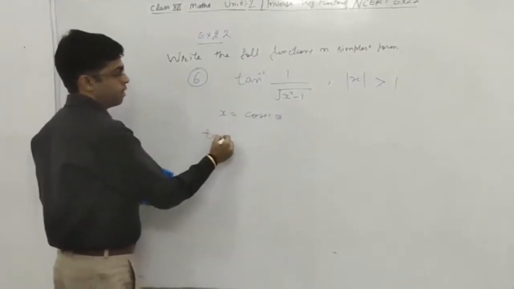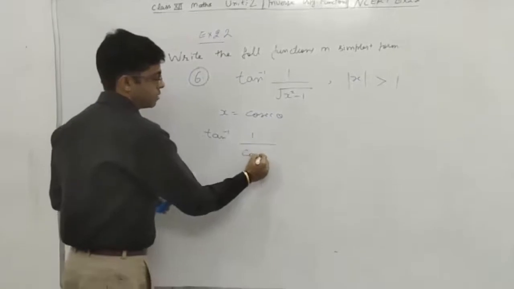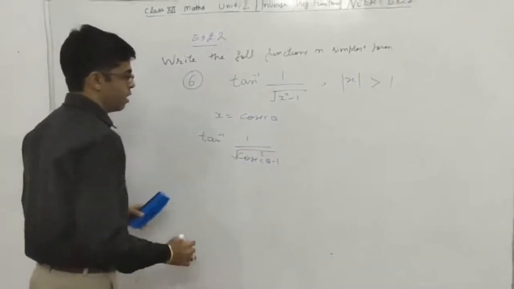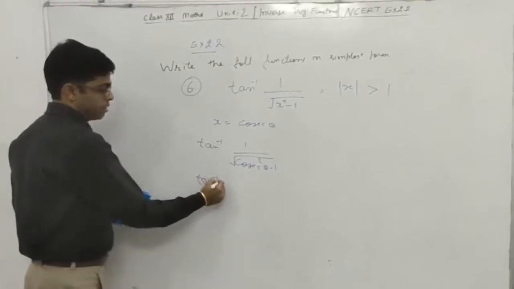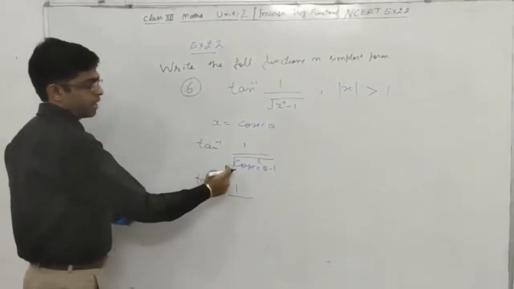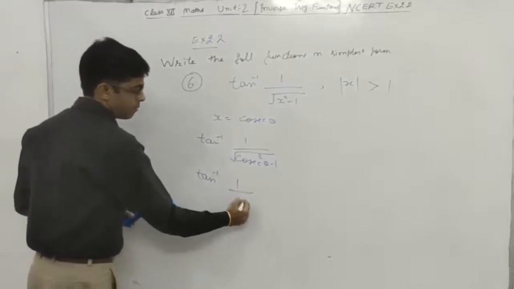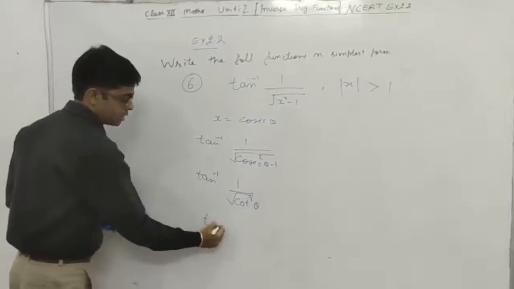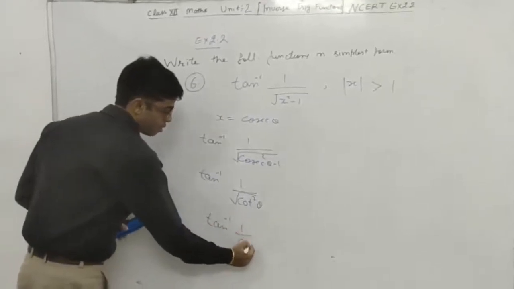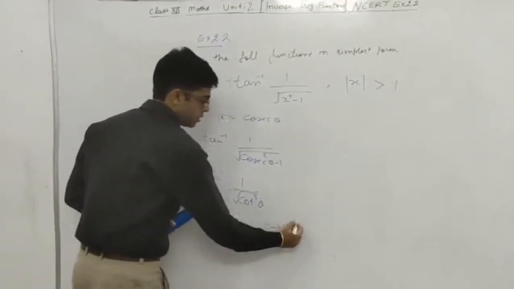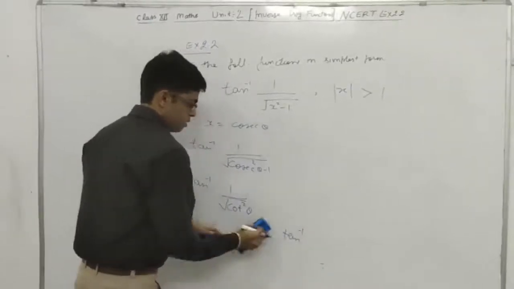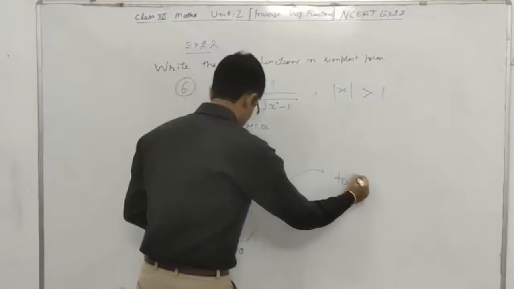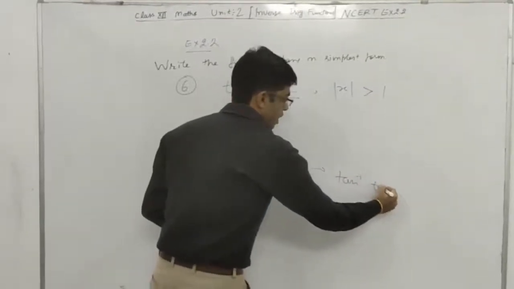So tan inverse, this will be square root of cosec square theta minus 1. And tan inverse, by the third identity, this will be square root of 1 upon cos square theta. So this is tan inverse 1 upon cot theta, which is tan inverse, 1 upon cot is tan.